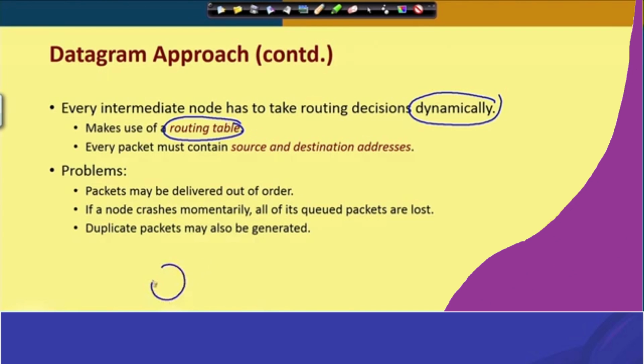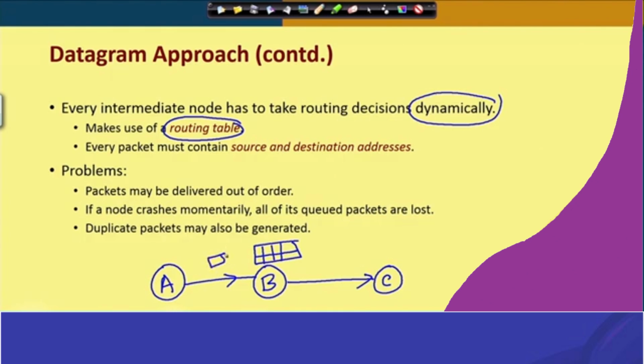Think of a scenario where there is a node A, a node B and a node C, and you are sending data from node A to node B and then from node B to node C. Node B will maintain a table containing relevant information, such as where an incoming packet has to be forwarded to.